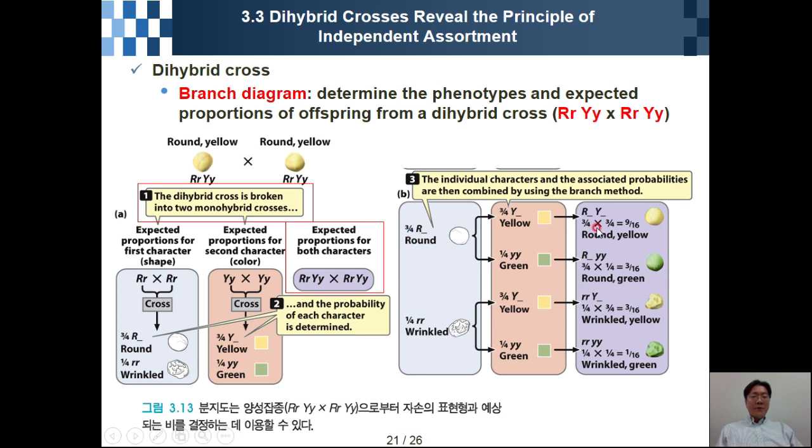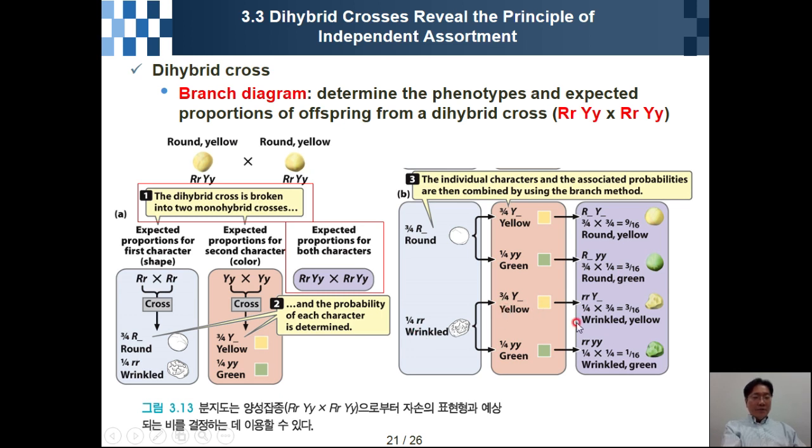Based on this one, round and yellow will be 3 out of 4 multiplied by 3 out of 4, which is 9 out of 16. How about this one? Round and green means 3 out of 4 multiplied by 1 out of 4, which is 3 out of 16. So round and green, the proportion will be like this. How about this one?